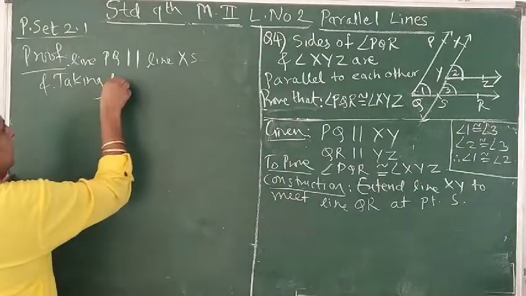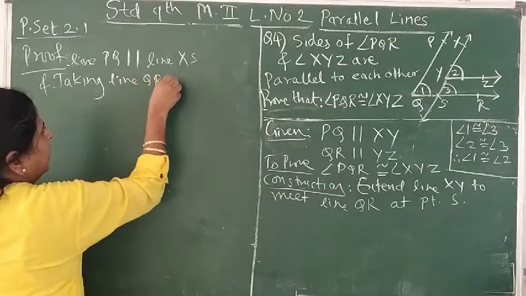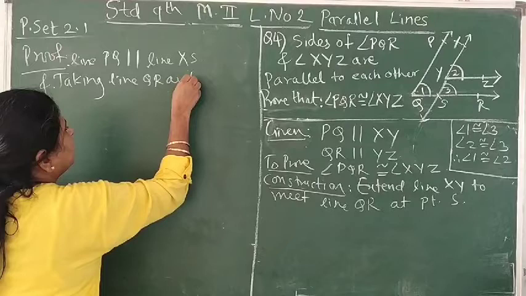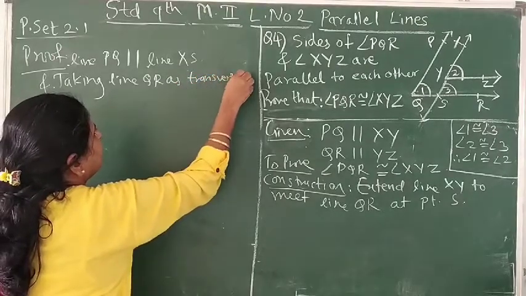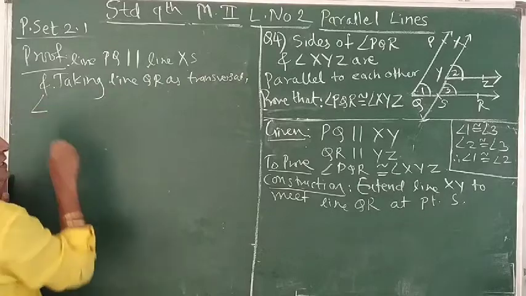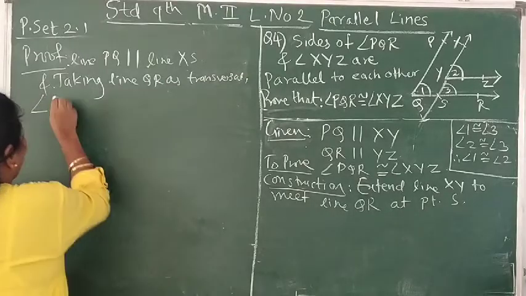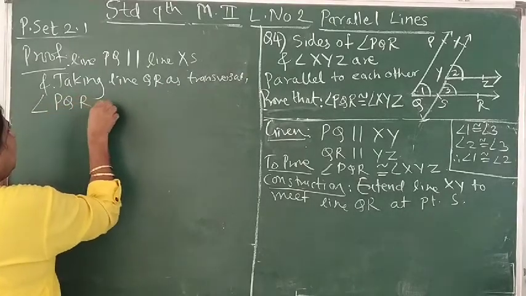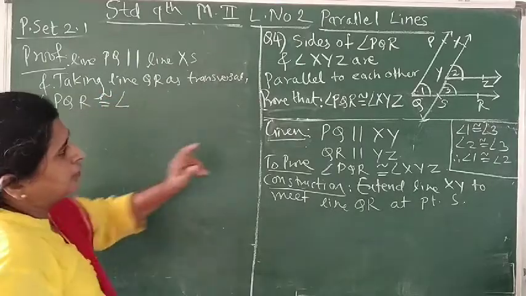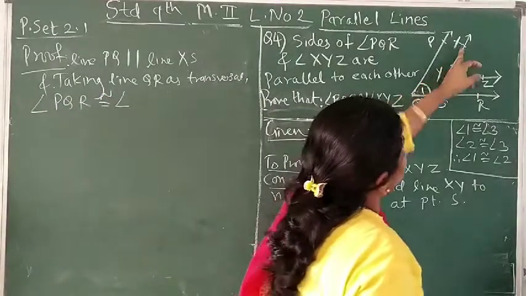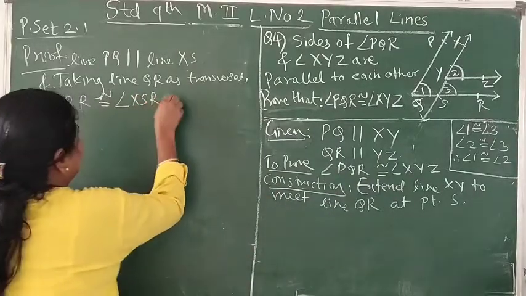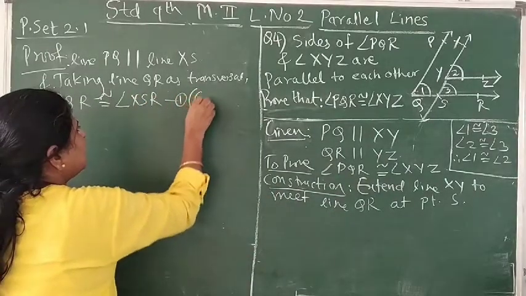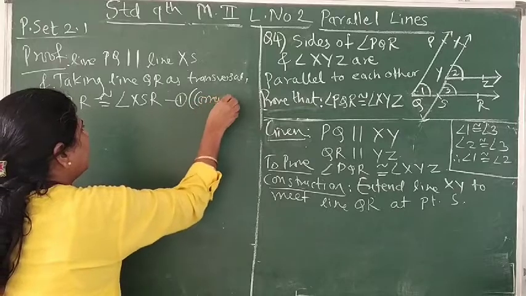Taking line QR as the transversal, angle PQR is congruent to angle XSR. Statement number 1. The reason is corresponding angles.